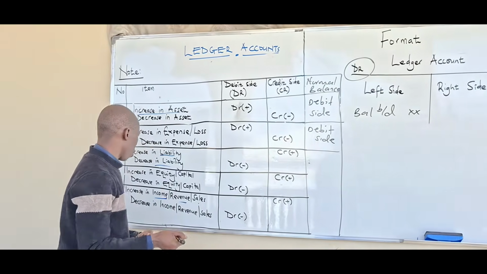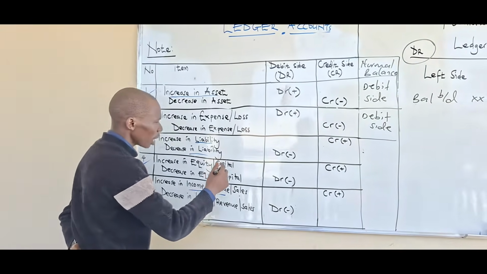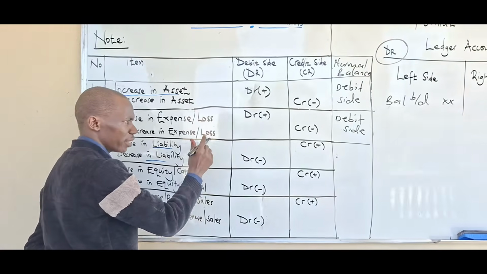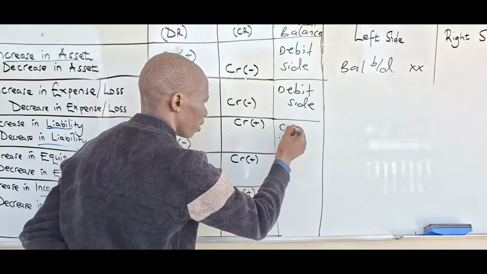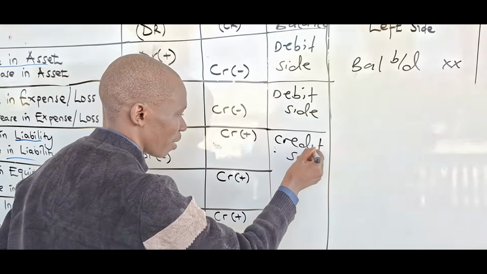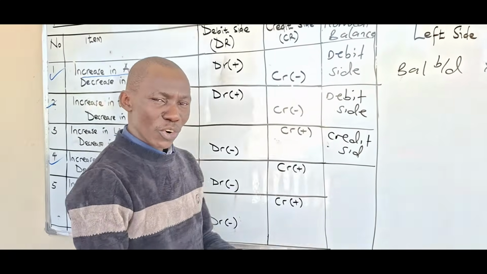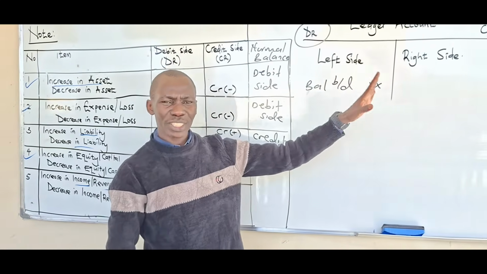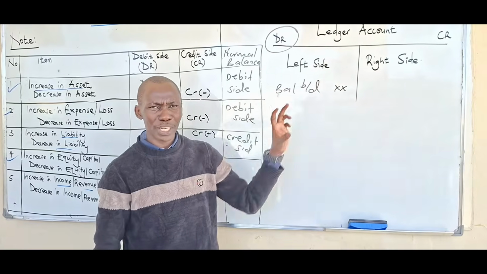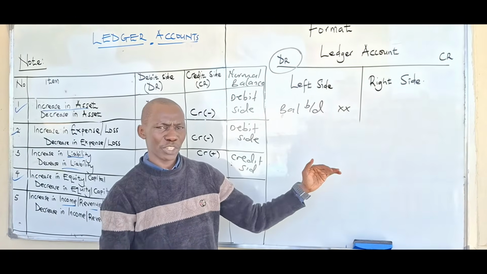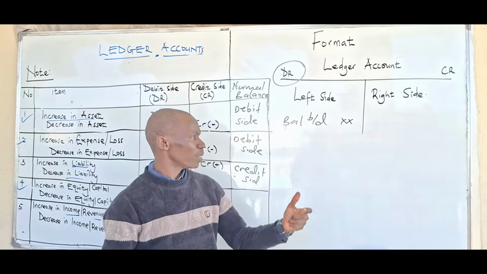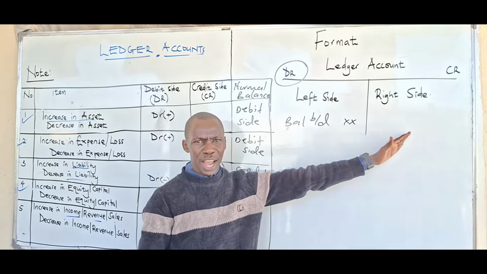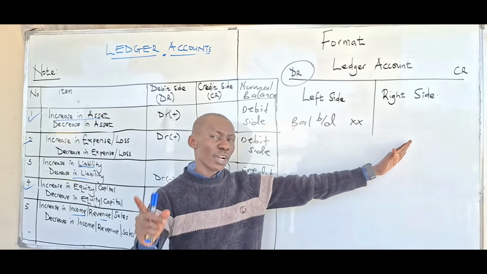Then we have our liability. The normal balance for liability is on the credit side. After recording all the transactions related to a particular liability account, at the end of the period, after balancing, I expect the balance to be on the credit side. That's its normal balance for liability.